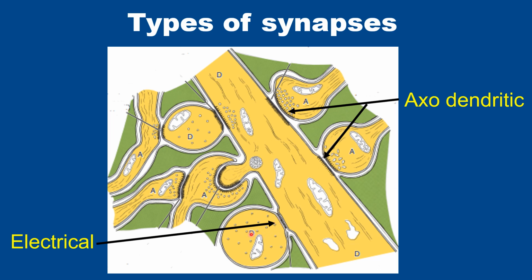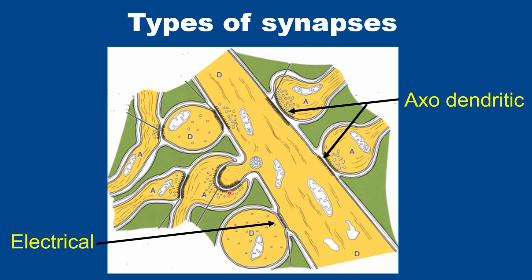No neurotransmitter is involved in the electrical synapses. That is why they are very fast. In the human brain, these synapses are very rare. It is present in the inspiratory center where synchronization of the actions is required.